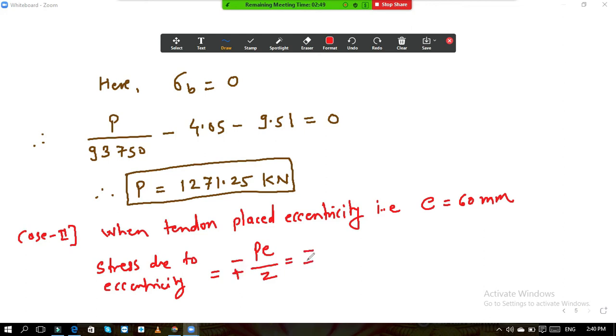So minus plus P as it is into E, which is 60 mm, divided by Z. How much is the value of Z? 5.85 into 10 raised to power 6. So this is the stress due to eccentricity. So this is only the additional stress that will get added.